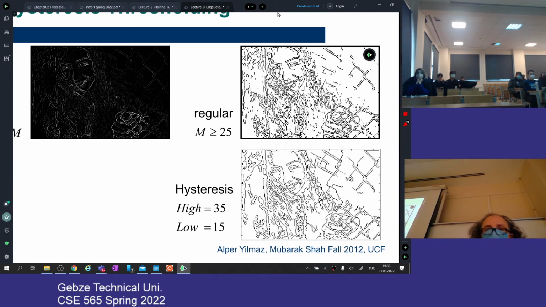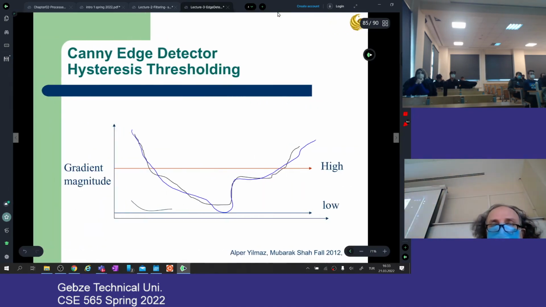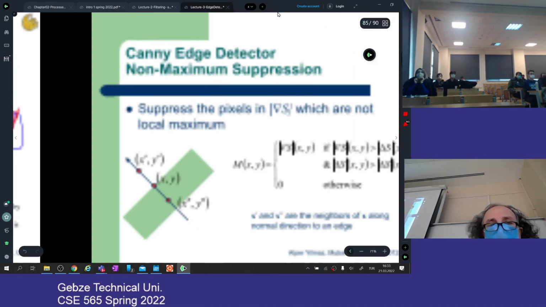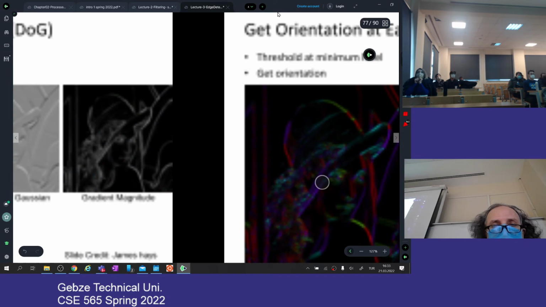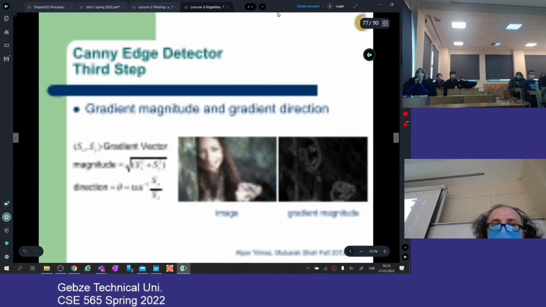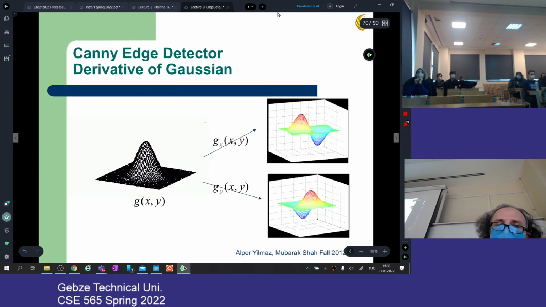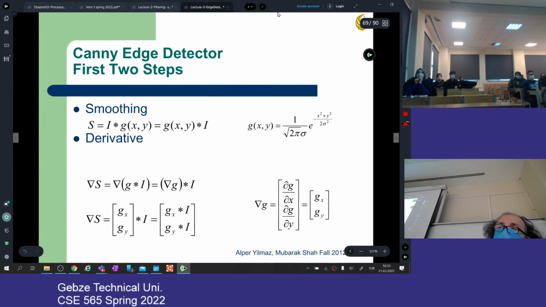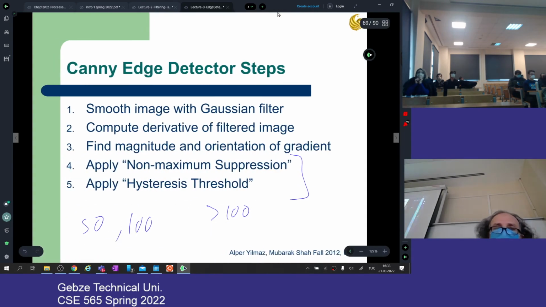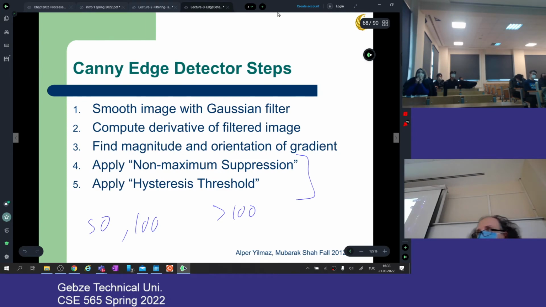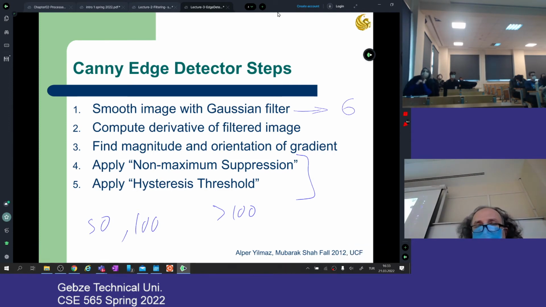with the hysteresis thresholding. So two things are important for Canny. One is the non-maximum suppression: eliminate all the pixels in the same neighborhood along the line of the image gradient. That's called the non-maximum suppression, a one-dimensional search. The second one is the hysteresis thresholding. So how many parameters do we need for Canny? One parameter for the Gaussian sigma.